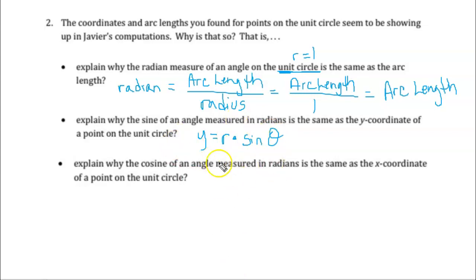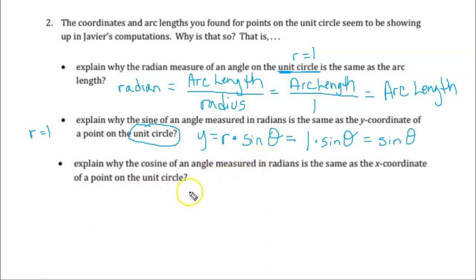That was the whole building block that we built the sine function on. And again, if our radius is equal to 1, then 1 times the sine of theta is just the sine of theta. So for the unit circle, because its radius is equal to 1, the y value is the sine of theta.